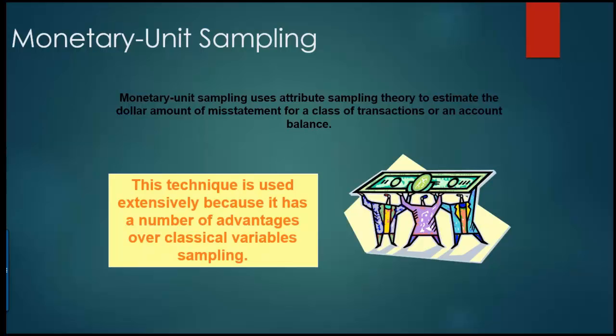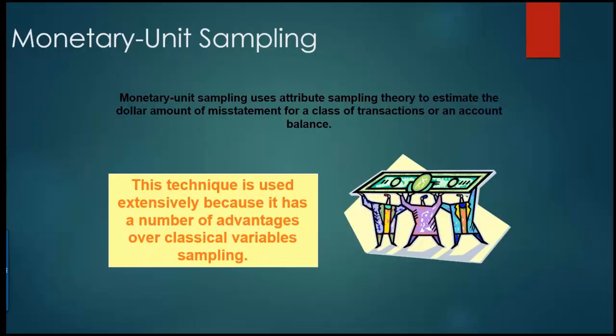So let's say there's 1,000 items. Well, that's not our population. Our population is the fact that the total dollar value is, say, $10 million. So we then pick our sample based upon the $10 million as opposed to the 1,000 items.